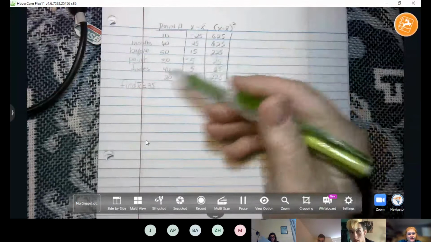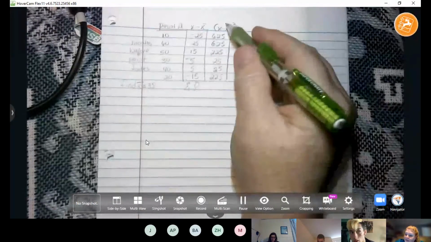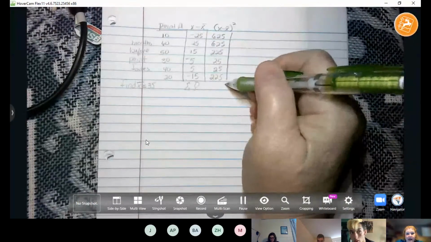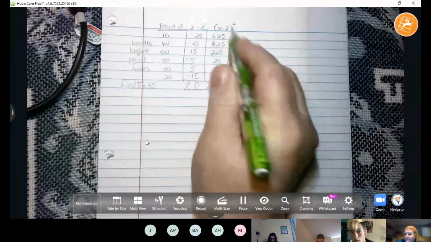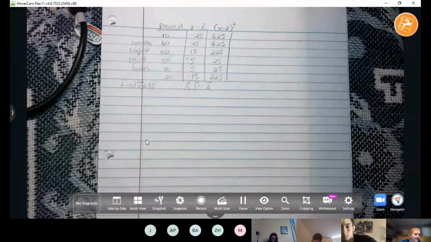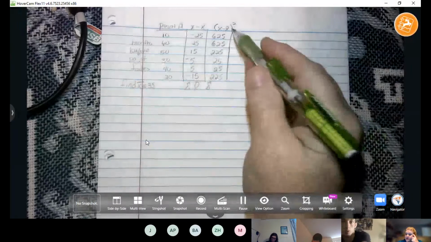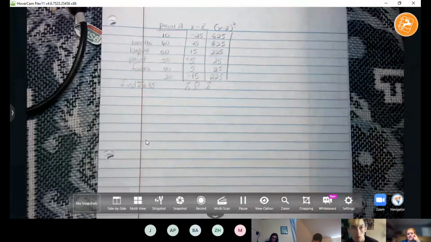Then you've got your sigma symbol, and that means add up that column. So that is the next step, is to add up that column. So let's add up that column. What is the total in that column? Everybody add that column up, just be sure that we all get the same answer.